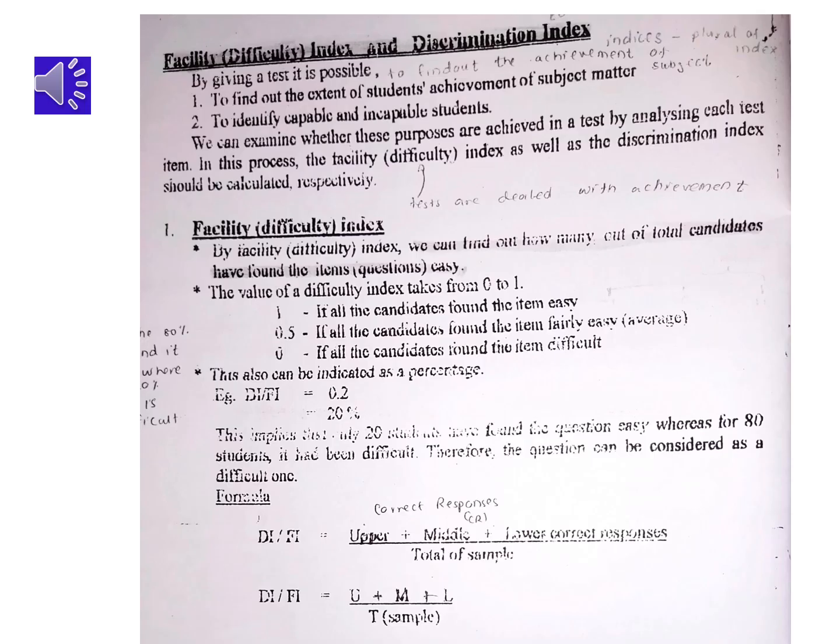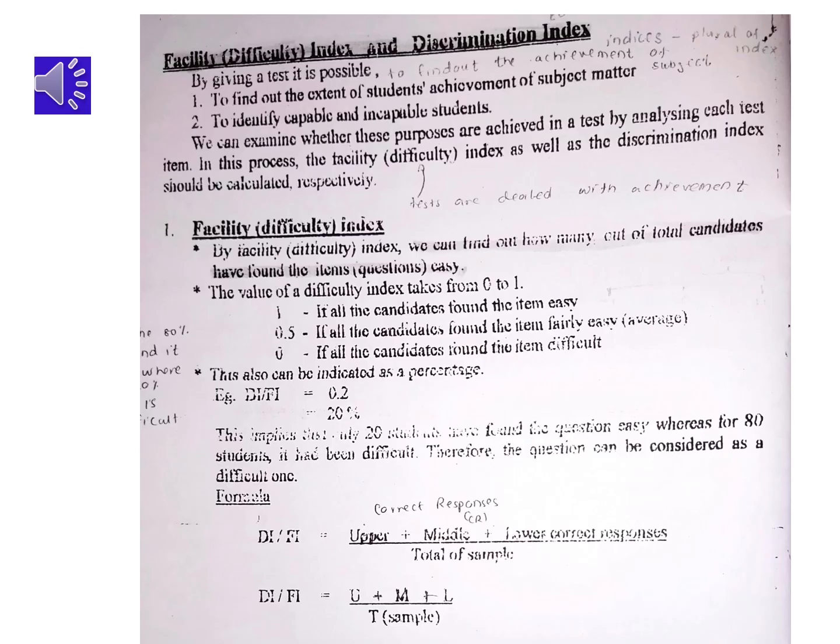Formula for this facility index. I'll explain this, but for the time being, you have to make some corrections here. Upper correct responses, not only upper, right? Upper correct responses plus middle correct responses plus lower correct responses divided by total of the sample.